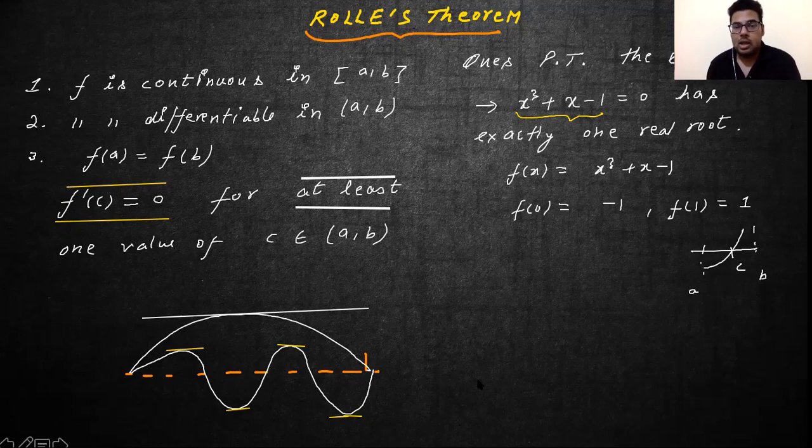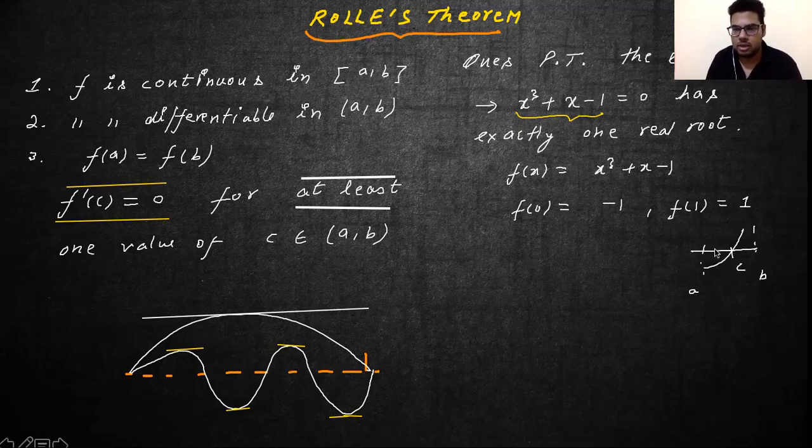Now, when this is happening, it simply means that if there is any root between a and c, let us say, because this is a point a and this is a point c, we have to prove that this is not having more than one root. Fine. Now, let us assume it is having one more root.